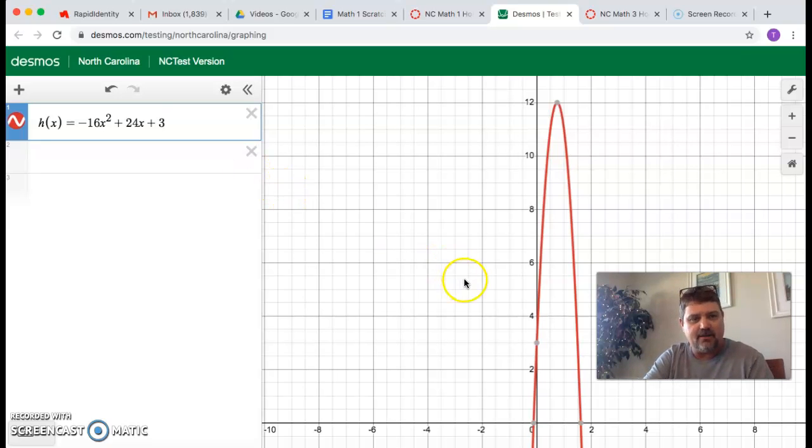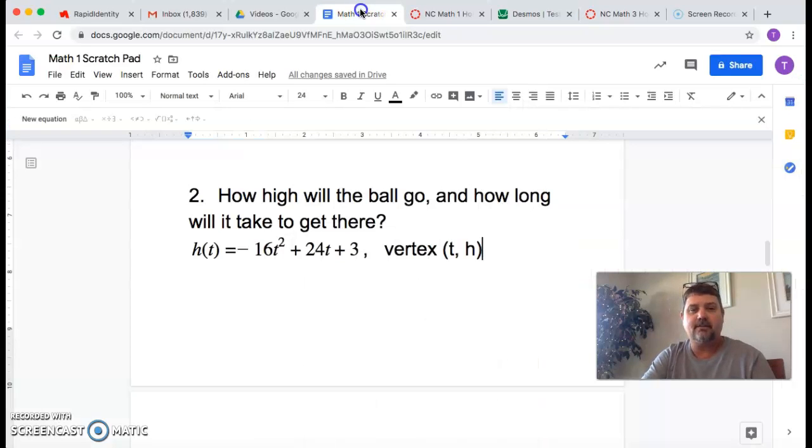So I've graphed this function, and if you realize what they're asking you, there's your information right there. It's that quick. It takes 0.75 seconds for it to get to a maximum height of 12 feet, and that's the answer to that question. I mean, that is that simple. You're looking at a vertex.